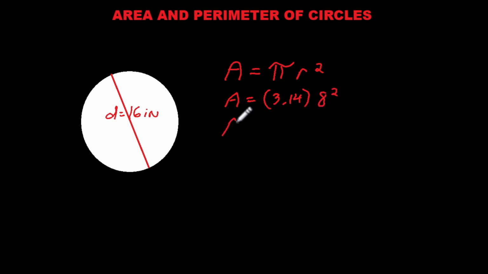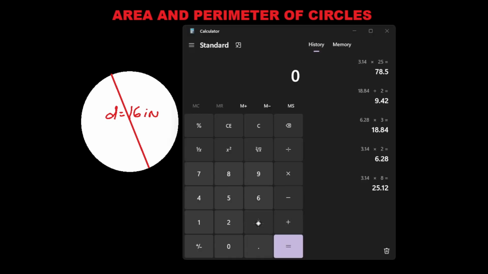On the next line, we have area equals 3.14, and 8 squared is 64. And now I simply multiply 3.14 times 64. I get 200.96.